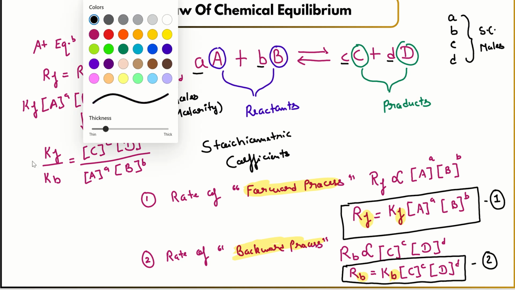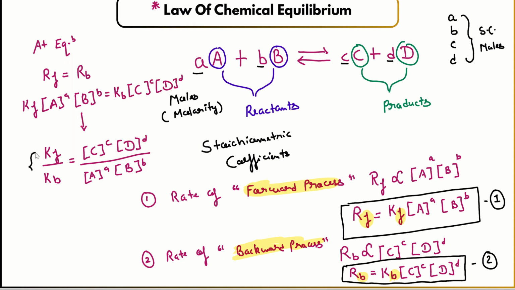As you can see, Kf and Kb are two types of constants, and from these two constants we will get a new constant, and this new constant is known as Kc, also known as equilibrium constant.